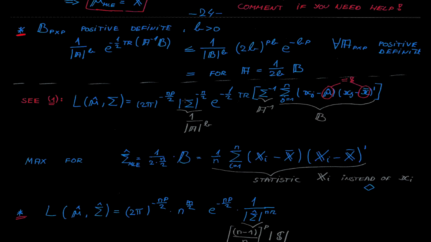So we need to choose our sigma, or the maximum likelihood estimator, to be 1 divided by 2b times b. Our b is n divided by 2. So 1 divided by 2 times n divided by 2. So we just follow this expression, times B. And in this case, because now we are talking about an estimator, we need to write these as capital letters.